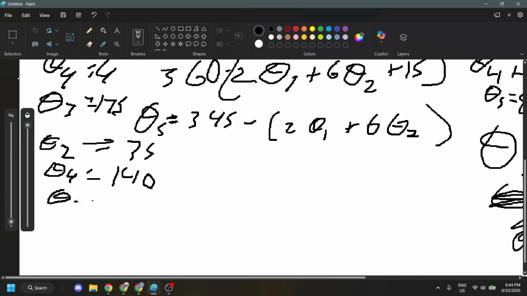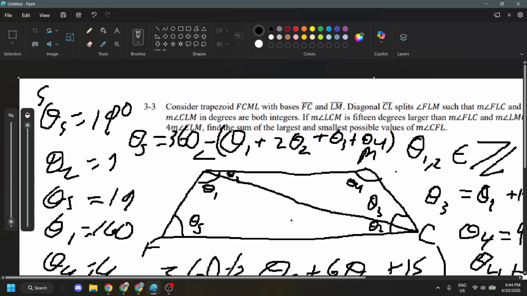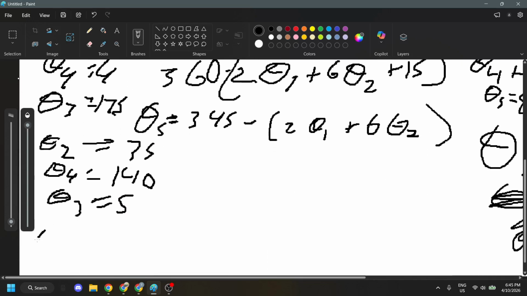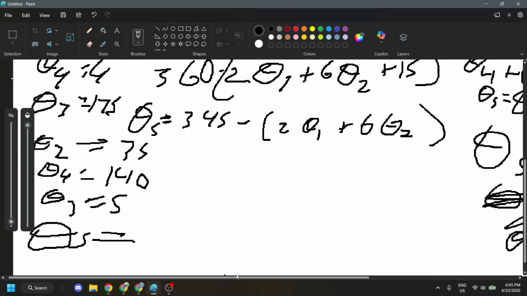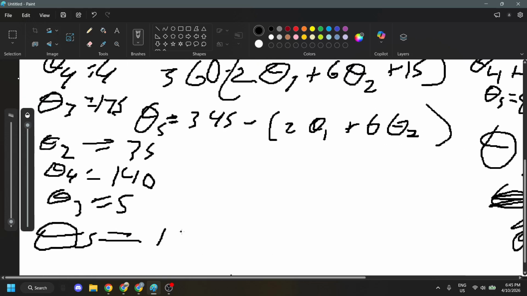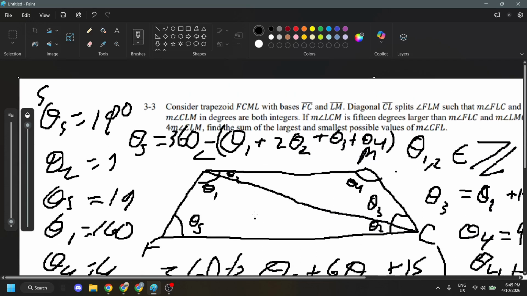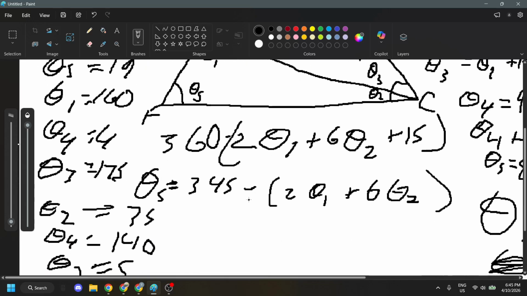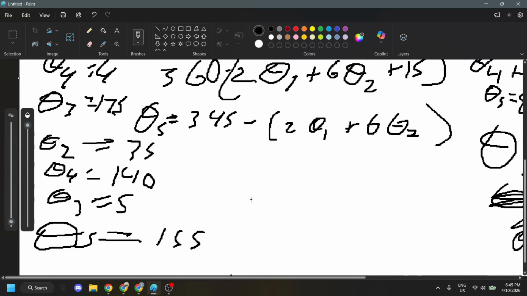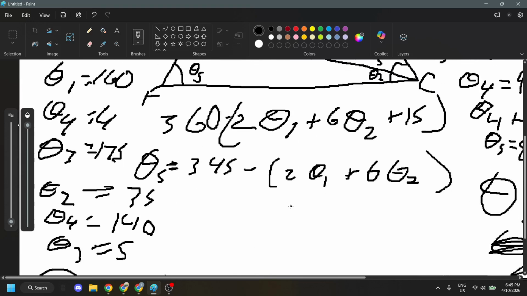Which then makes theta 3 equal to 5. Which then makes theta, what else do we know? Oh, theta 5 is equal to theta 4 plus 15, so 155. 155 plus, oh. So I did it wrong.